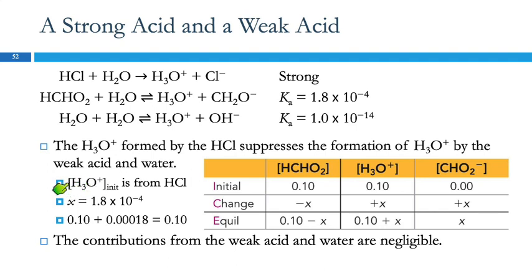Our initial hydrogen ion concentration then will just be from the HCl. And we can make an ice table to see what will happen with that weak acid. So initially we've got 0.1 molar hydronium ion concentration. That is from the complete ionization of the HCl. And then we have the initial concentration of the weak acid. The initial concentration of this formate ion is 0. So this equilibrium can only go to the right because there's none of this anion here.